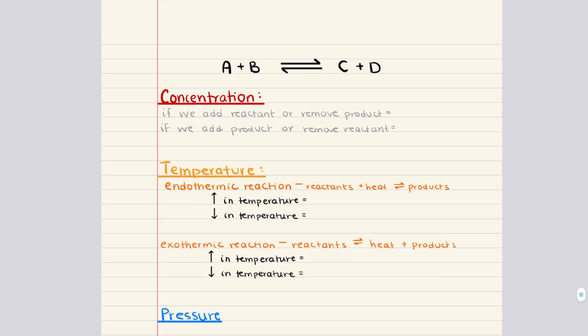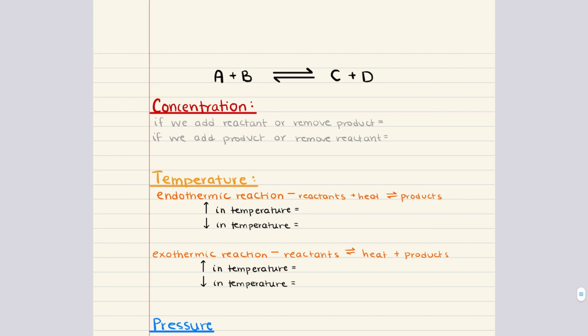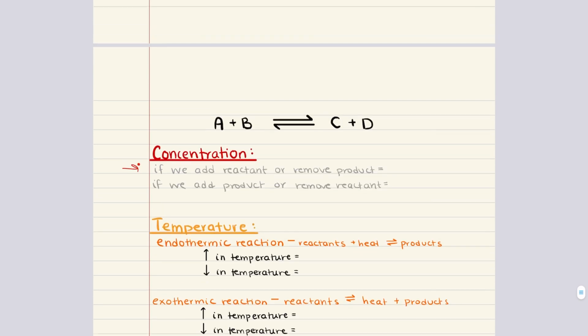Let's start off with concentration. What happens if we add reactant? If reactants are added, the system is going to shift in the forward direction to produce more products and reestablish equilibrium. What about if we remove products?